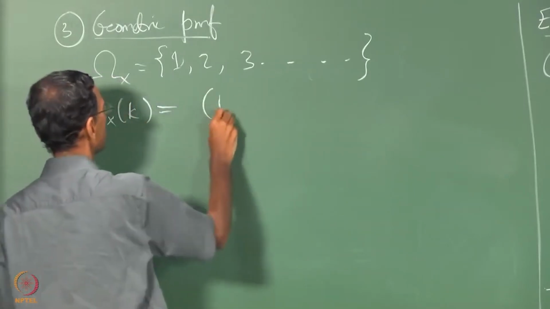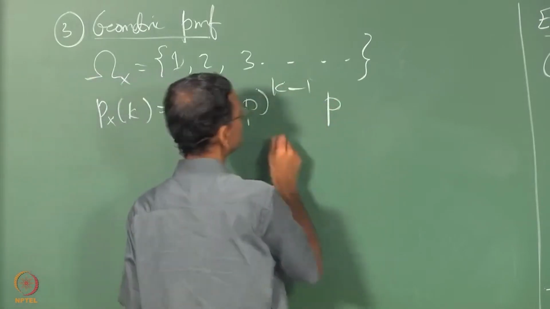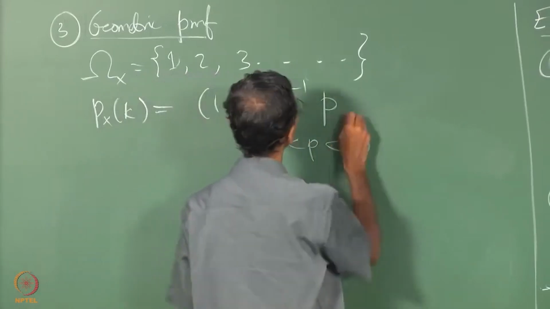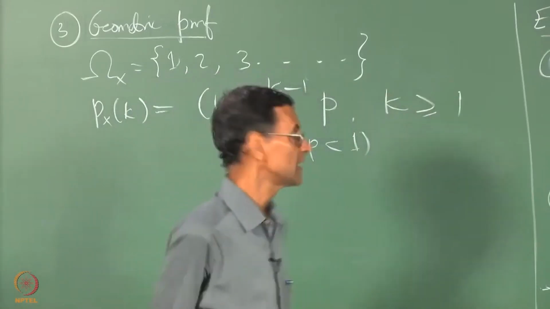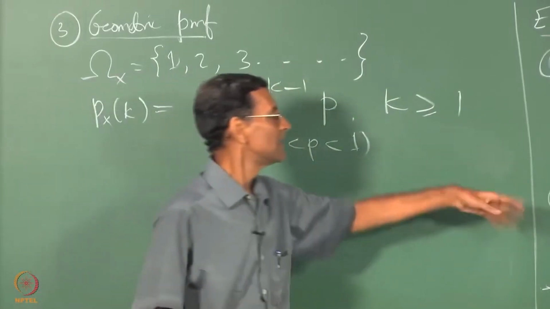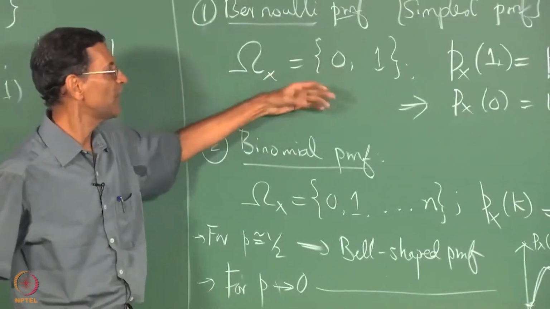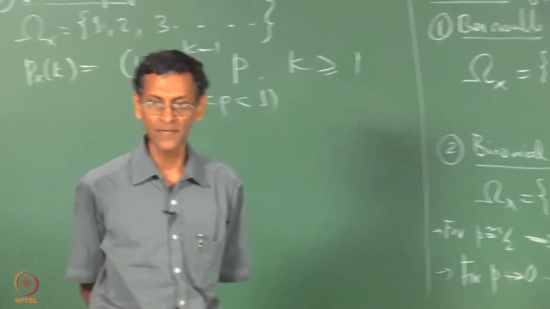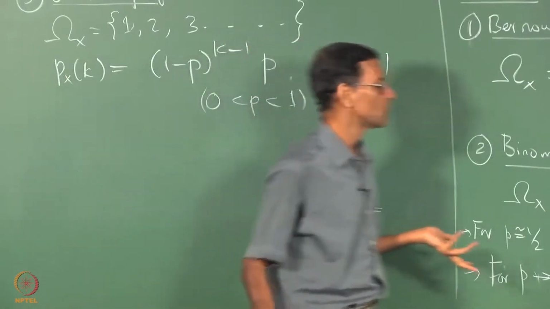We wrote it as 1 minus p power k minus 1 times p. Again this parameter p is between 0 and 1, and the expression that we have is for these values of k, right. So these are all PMFs defined on integer sets or integer arguments, right. But as I said, that is definitely not always the case.